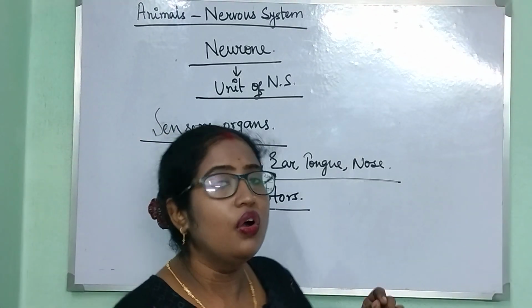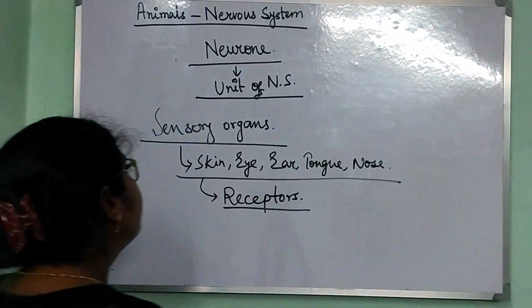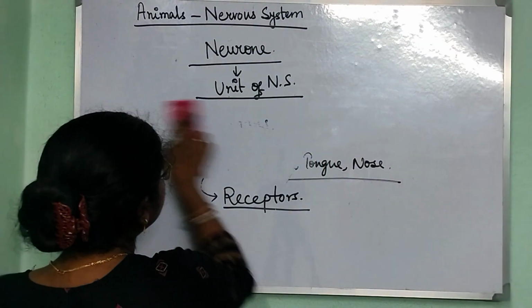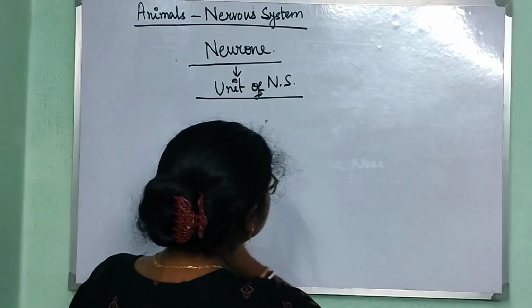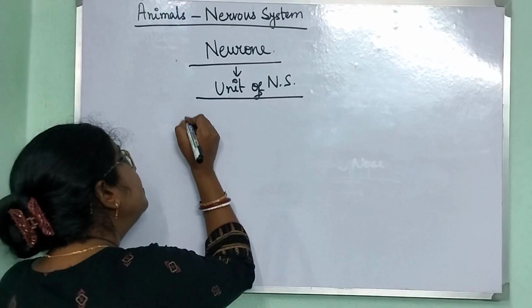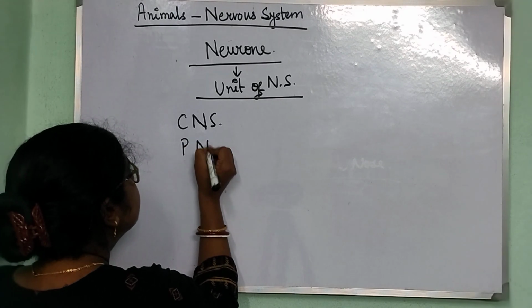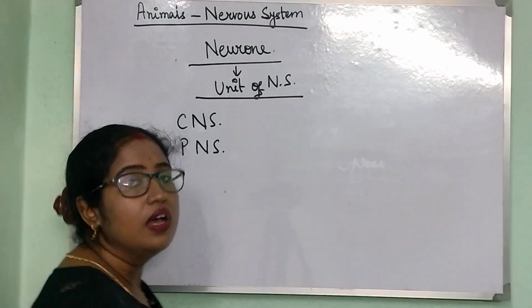All animals have two types of nervous system, that is the central nervous system or CNS and the peripheral nervous system or PNS.